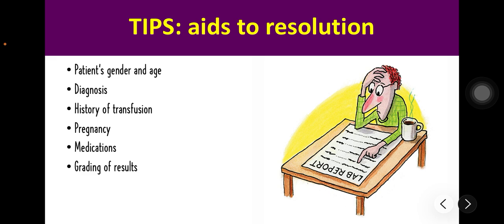For the diagnosis, a patient's clinical diagnosis often points directly to the biological cause of a mismatch. So, leukemia or lymphoma: these conditions can depress antigen expression on the red cells, as in group 2, or lead to low antibody production, as in the group 1 ABO discrepancy.